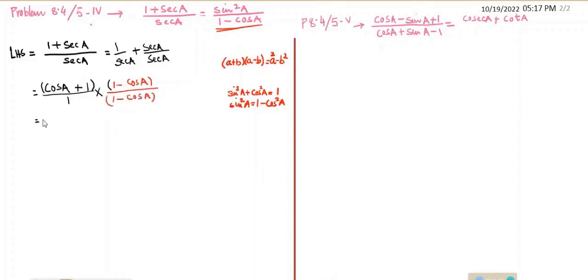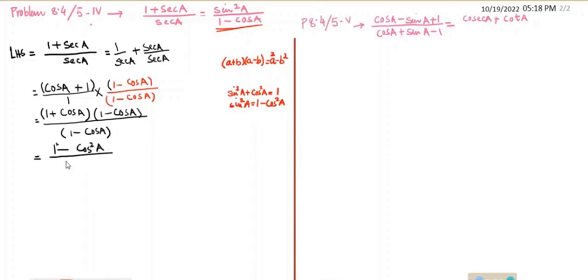Cos A plus 1 can be written as 1 plus cos A, and that is multiplied by 1 minus cos A and divided by 1 minus cos A. We know that the product of sum and the difference of two numbers is equal to the difference of their squares. Applying the same, we will get 1 minus cos square A divided by 1 minus cos A. 1 minus cos square A is equal to sin square A.